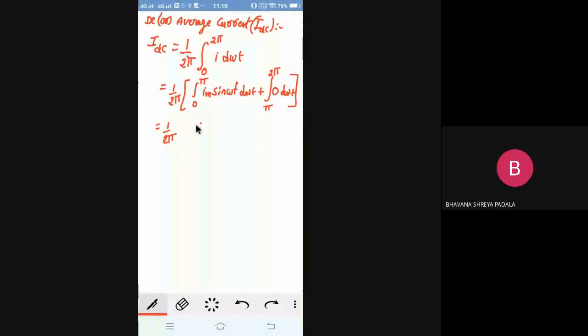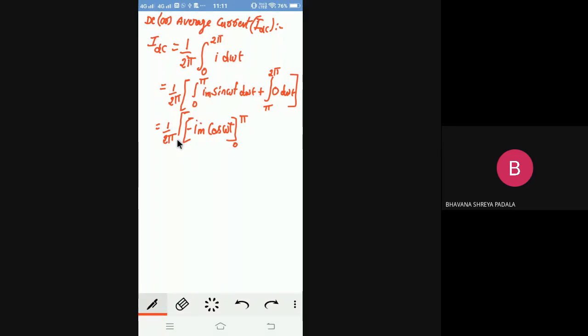So it is minus cos omega t. The limits are 0 to pi, plus this value is equal to 0.